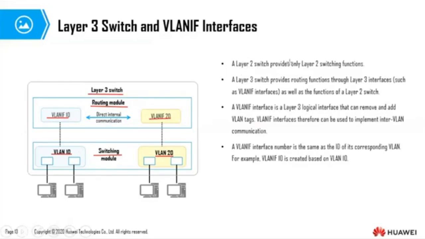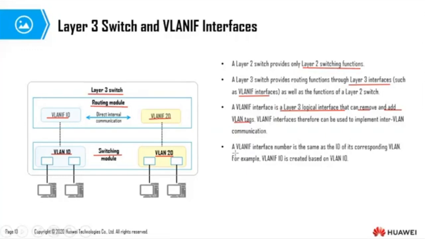So layer 2 switches only support layer 2 switching functions. Layer 3 switches, on the other hand, support layer 3 interfaces, such as VLANIF interfaces, as well as functions of layer 2 switches. So a VLANIF interface is a layer 3 logical interface that can remove and add VLAN tags. VLANIF interfaces, therefore, can be used to implement inter-VLAN communication.